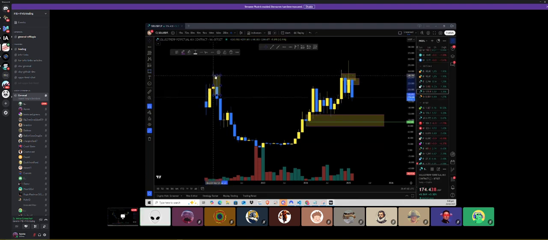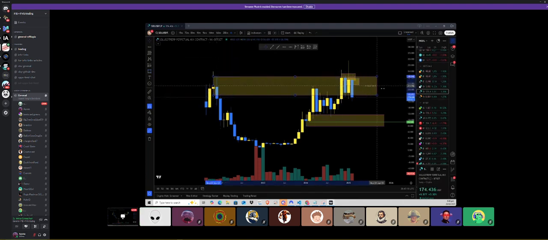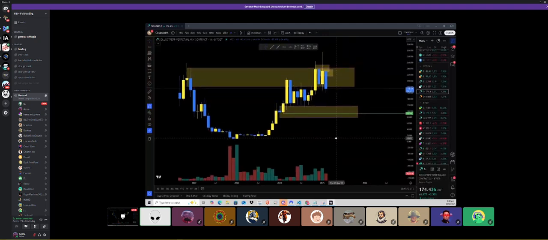So at the time when we were going through here, that was your support to long and that was your resistance to TP or short, whichever. And you're just bouncing between those numbers effectively.